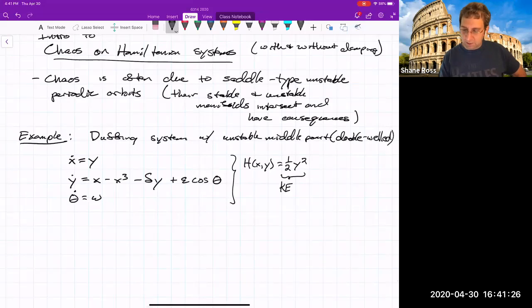And then we've got a potential energy, minus 1/2 x squared plus 1/4 x to the 4th. So that's our potential energy plus damping and forcing.